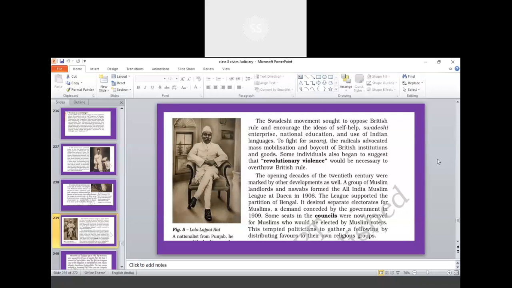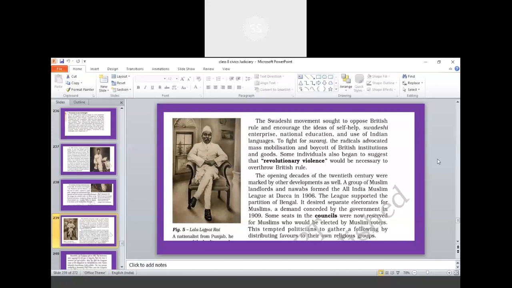What is called boycott? Boycott means prohibition or not using. Boycotting of classes means you come out from the class, go for a strike. So here, boycott of British goods and British institutions.